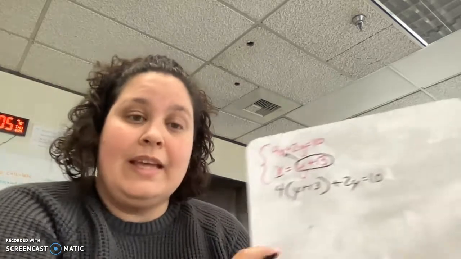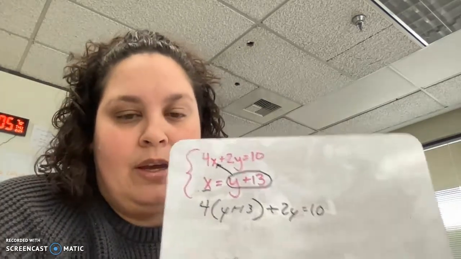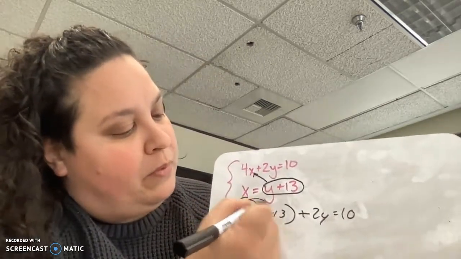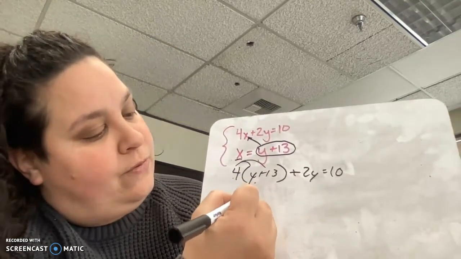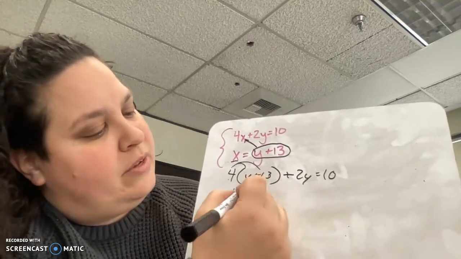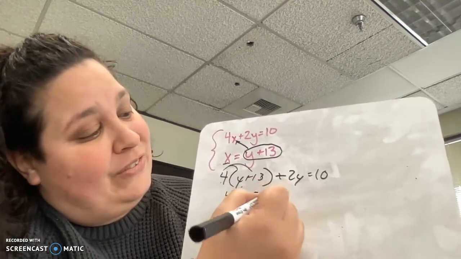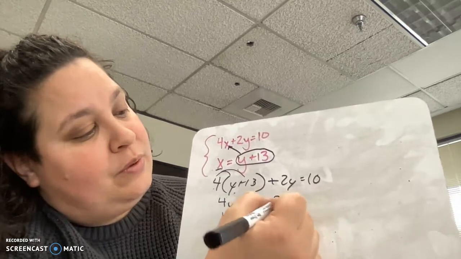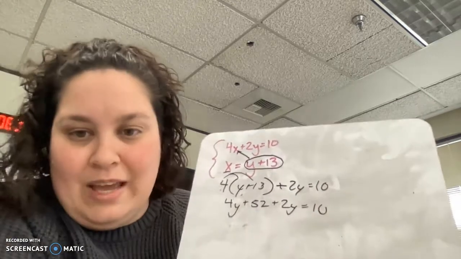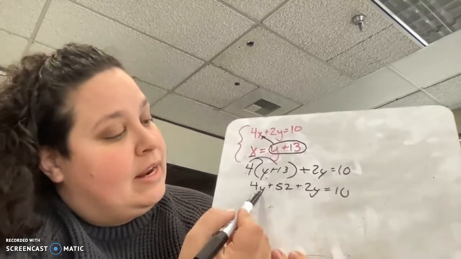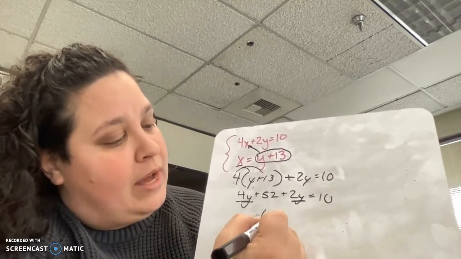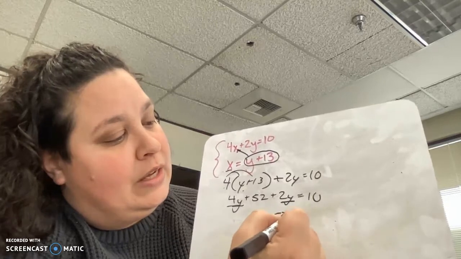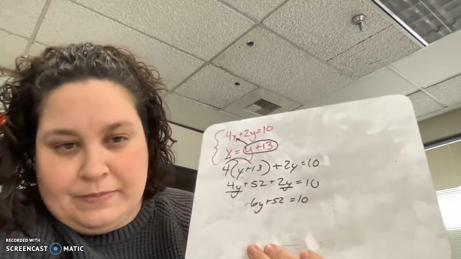So now I want to take this and solve it. Anytime I see parentheses, remember I'm going to multiply. So 4 times y is 4y. 4 times 13 is 52, plus 2y equals 10. Now again, I notice I have multiple y's, so I want to combine those. So I have 6y plus 52 equals 10.